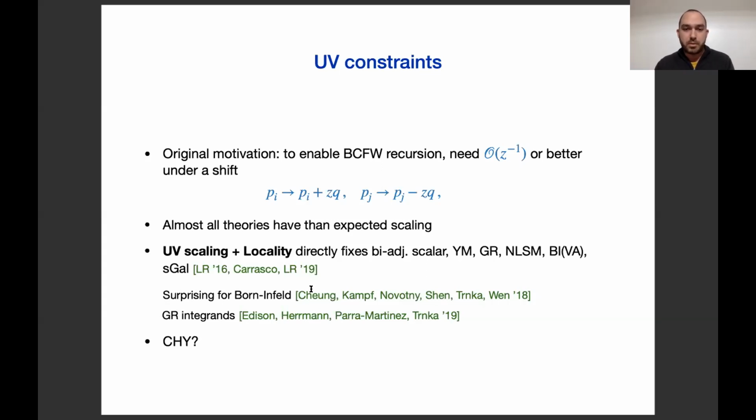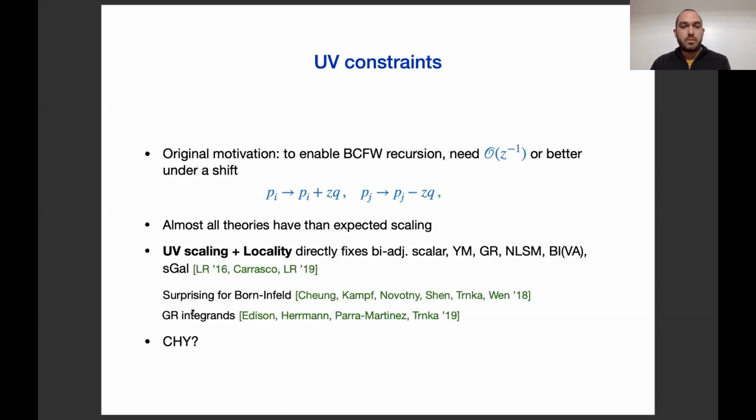Of course, a few years ago, these people realized that you can do some chiral soft limits which do fix it. And now this is the opposite. You can do some UV shift and that fixes Born-Infeld. So again, it's quite strange that you have this UV versus IR both fix Born-Infeld. You might start thinking how maybe these things are related in some way.